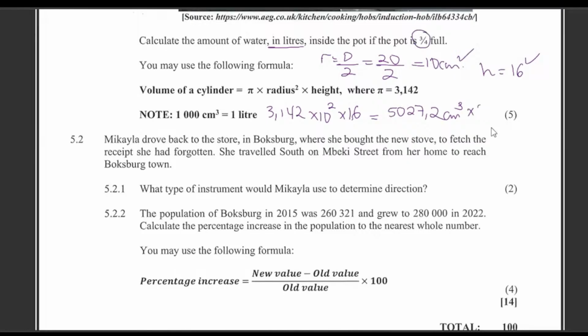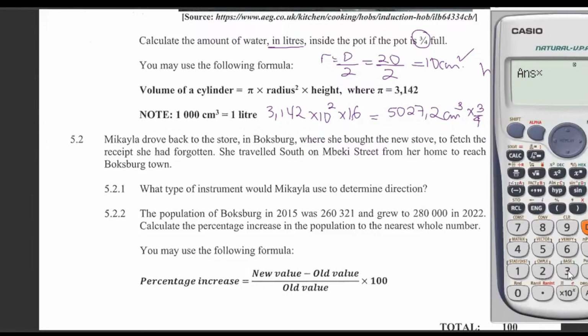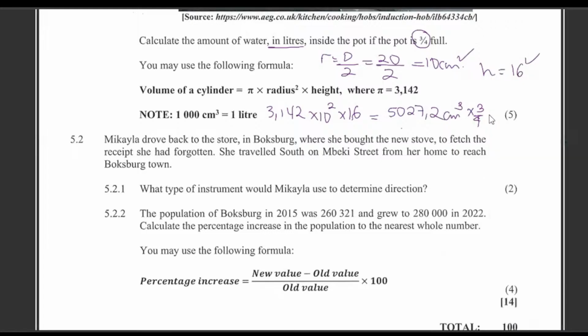What shall we do? We shall multiply by 3/4. Do that for me. When you get that answer there, multiply by 3/4. So it's 3,770.4. These are still centimeters cubed.